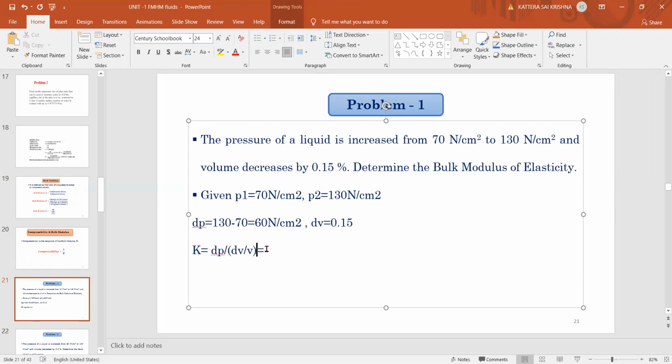Find the value, please. 2.5 into 10 to the power of 5? Check once properly. 60 divided by 0.15. Sir, 400. Yes, please check carefully.